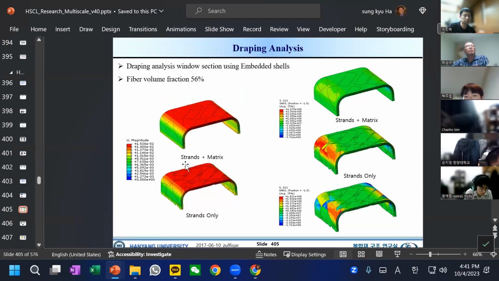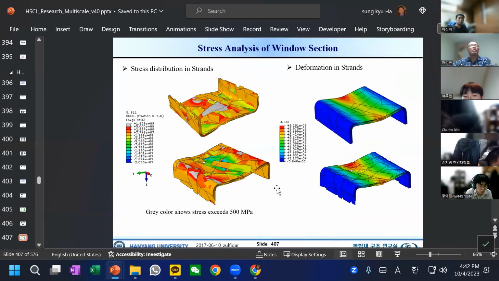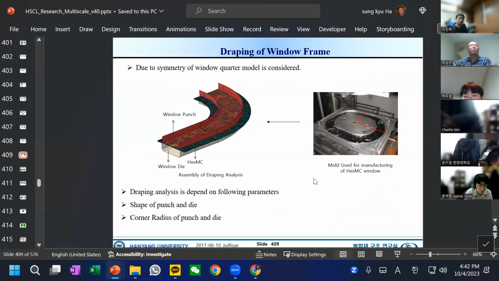So this is the kind of design, but very importantly, the chopped tow or chopped prepreg cannot be uniform, cannot be the same all the time, but is a probabilistic behavior. So understanding or simulation of this kind of behavior will be very important.